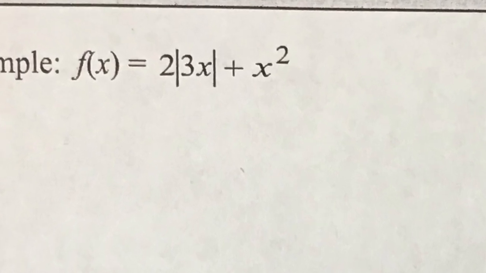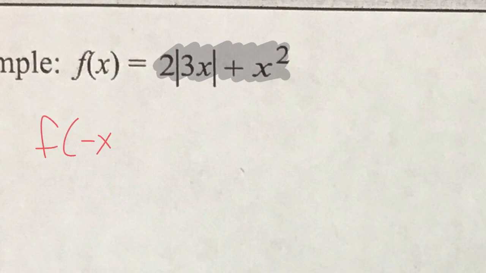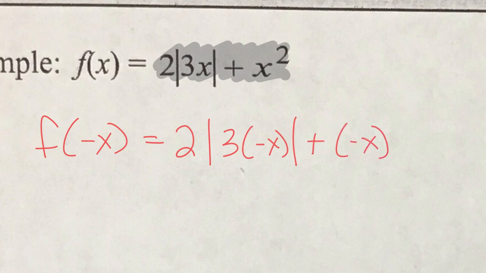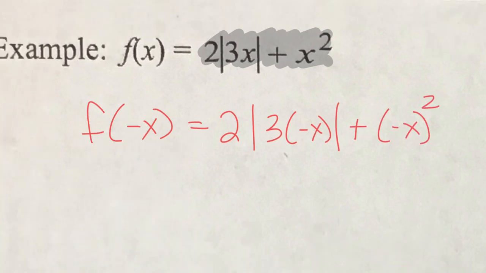So remember, this is your original. This is the original function that you are given. Okay? So in order to test if it is even, we're going to replace x with negative x. So everywhere we see an x, we replace it with negative x. Okay, so let's start inside of your parentheses, or your absolute value.